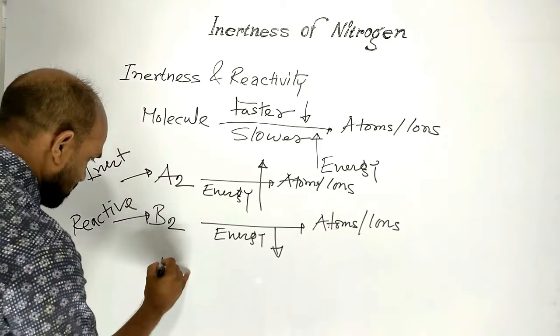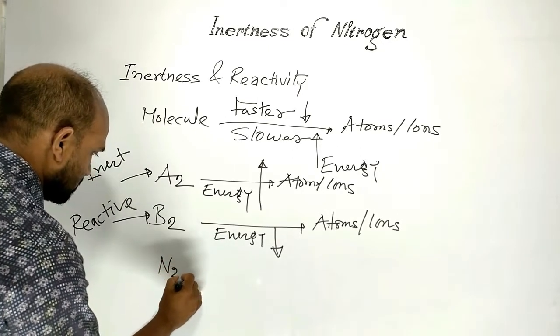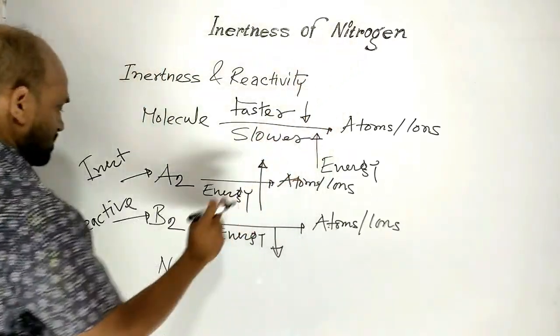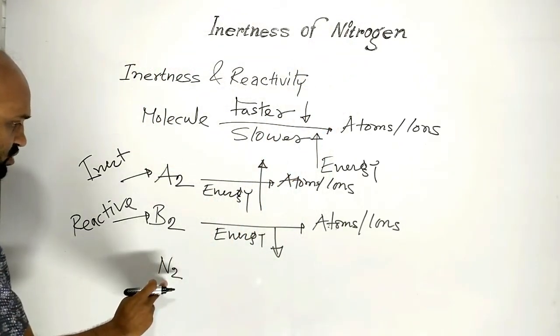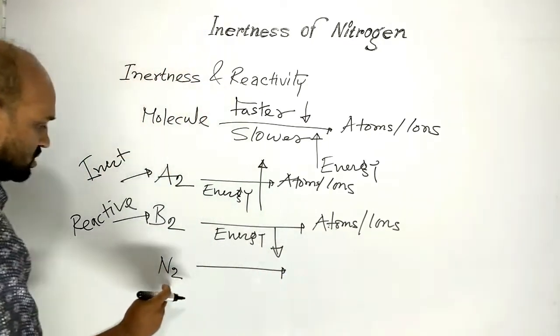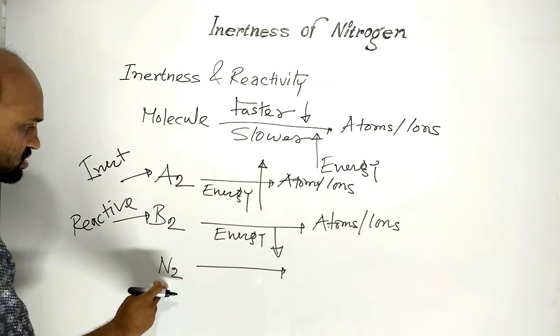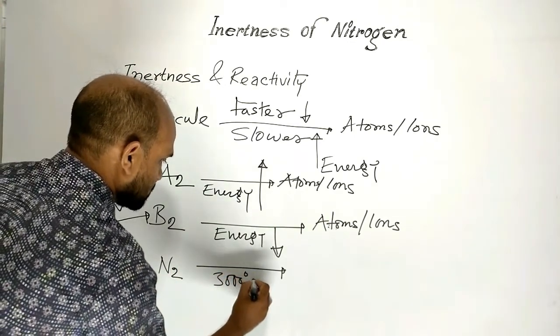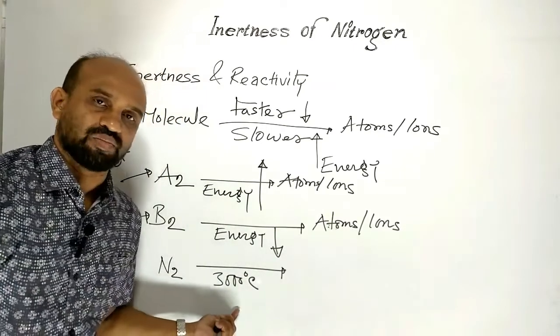Similarly, the nitrogen molecule, which is our today's topic, is also a diatomic molecule. To break this molecule, it requires a high amount of energy, almost 3000 degrees Celsius temperature.